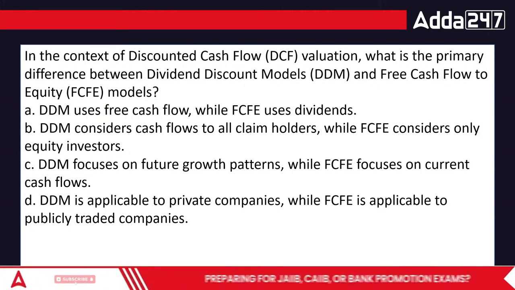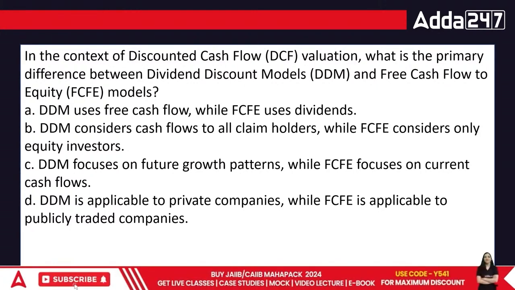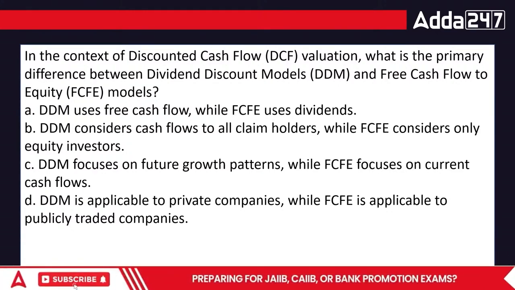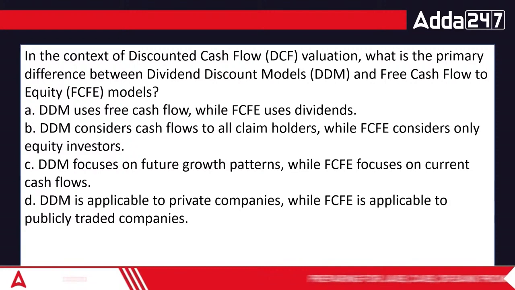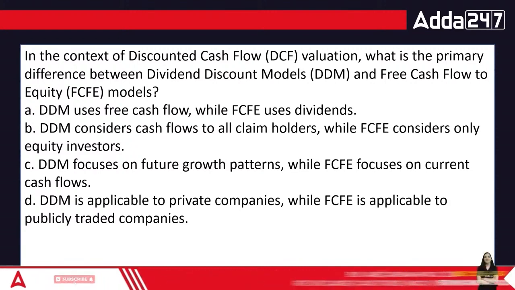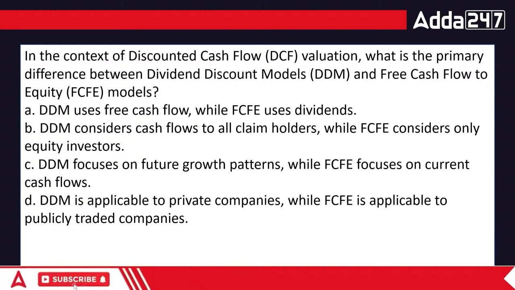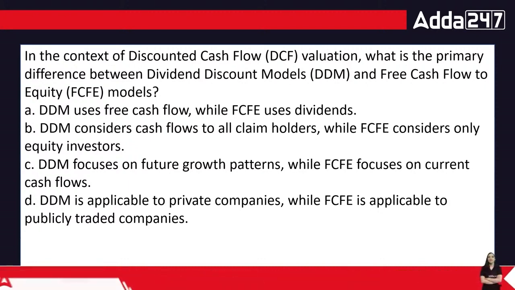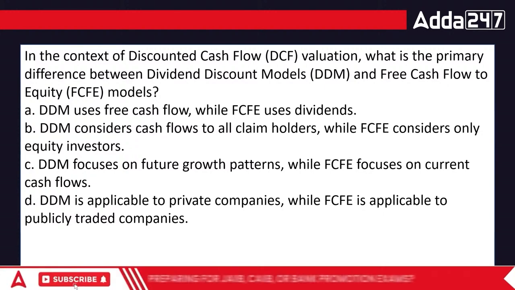So the first option: DDM uses free cash flow, while FCFE uses dividends. Second: DDM considers cash flows to all claim holders, while FCFE considers only equity investors. Third: DDM focuses on future growth patterns, while FCFE focuses on current cash flows. Fourth: DDM is applicable to private companies, while FCFE is applicable to publicly traded companies.